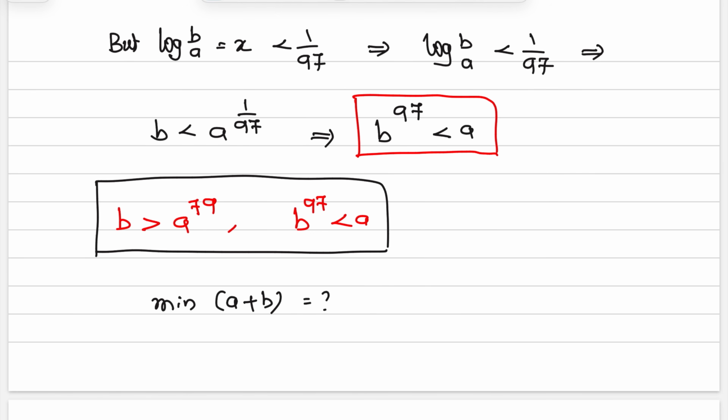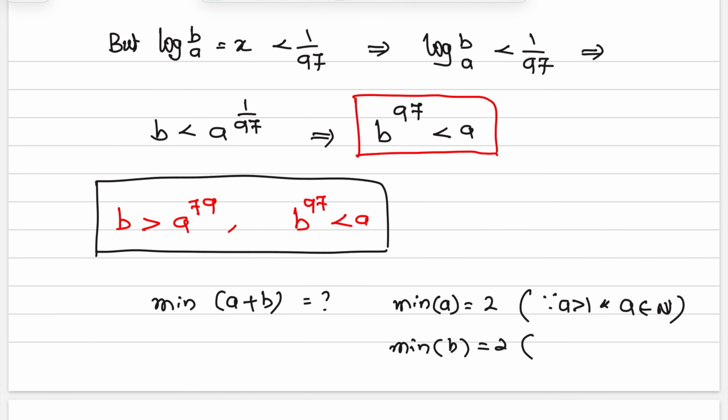Now you just see. What is the minimum value of a? Is equal to 2, because a belongs to natural numbers set, and a is greater than 1. Since a is greater than 1 and a belongs to set of natural numbers, what is minimum b?